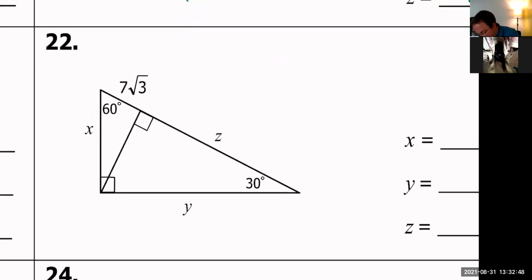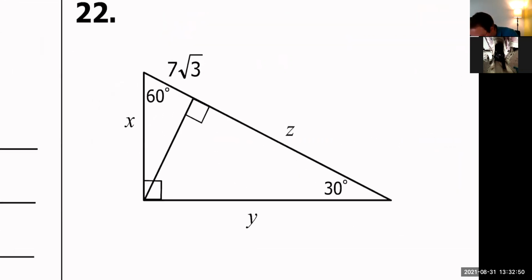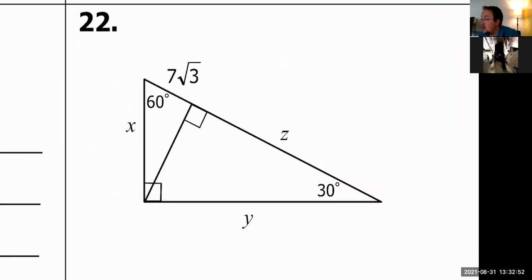On that smallest 30, 60, 90, which sides do I know? I know the short one. That's that ugly looking mess. X happens to land on its hypotenuse.